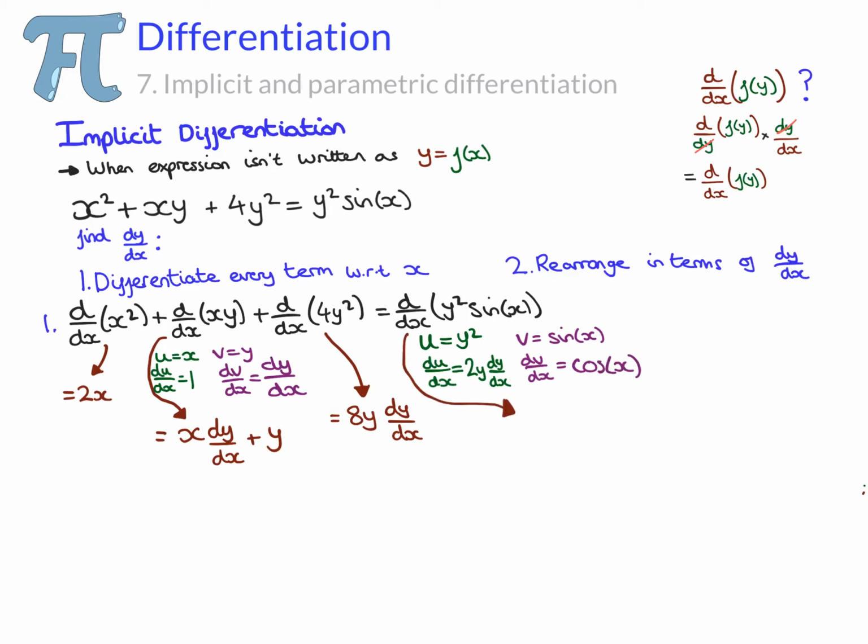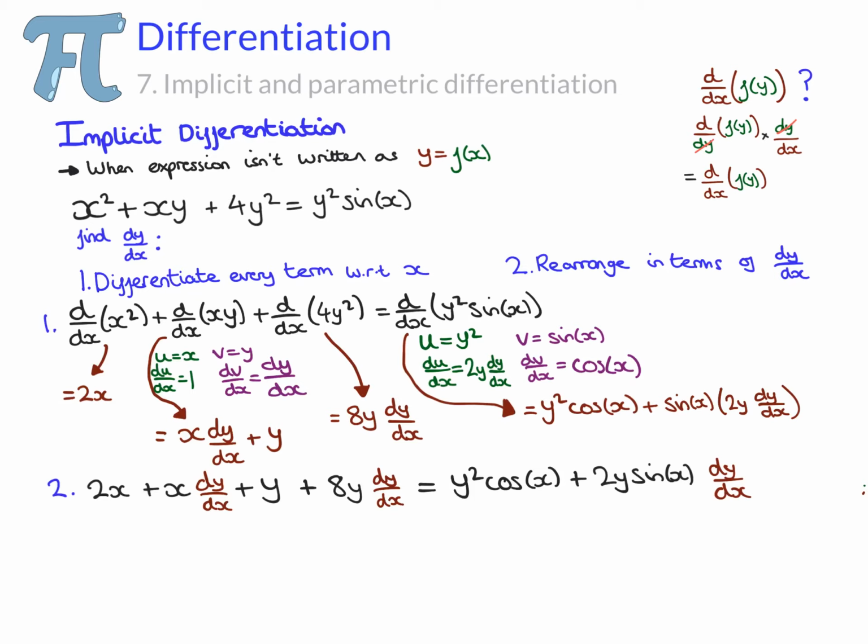We get that this term differentiated with respect to x is y squared times cos x plus sine x times 2y dy/dx.